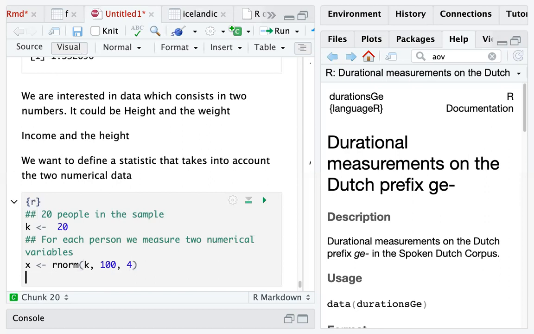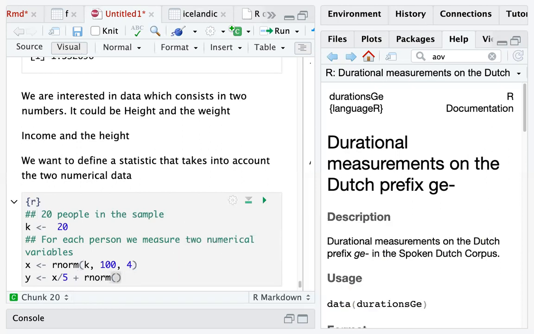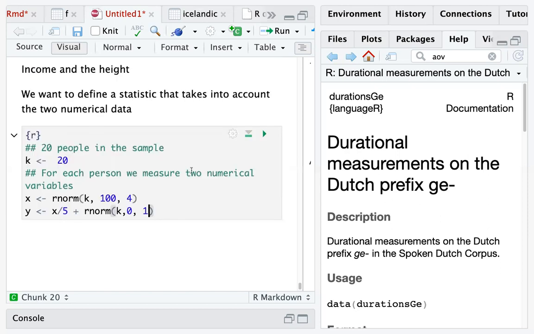And y is equal to x divided by 5 plus an error, which is a normal of mean 0 and variance 1. And we plot these two data.